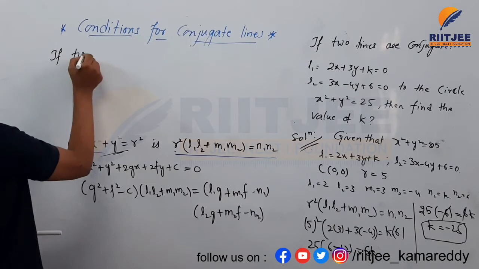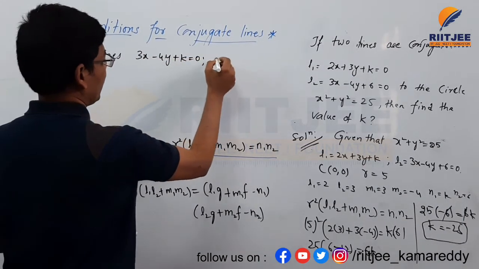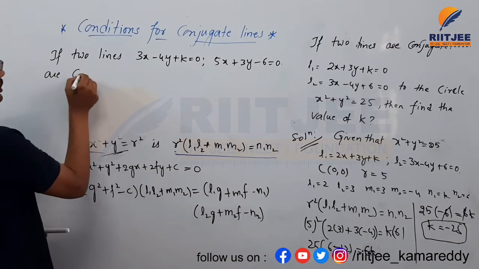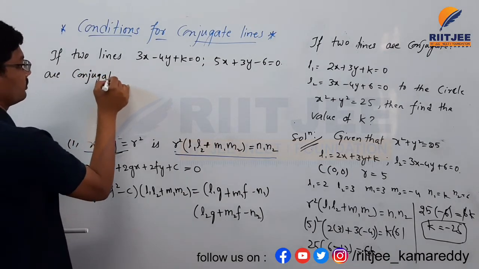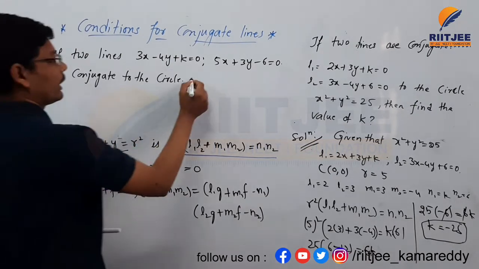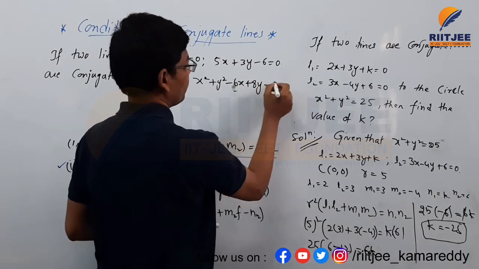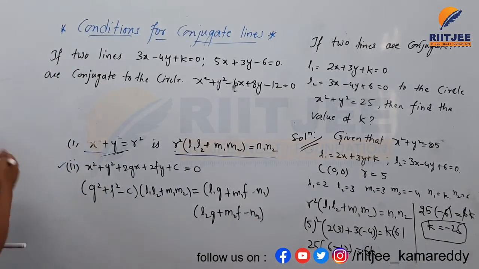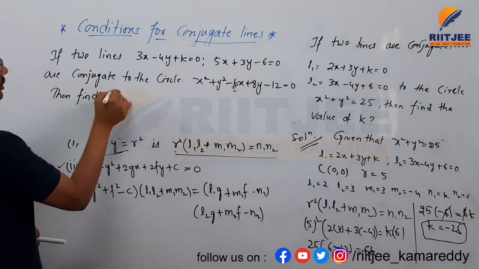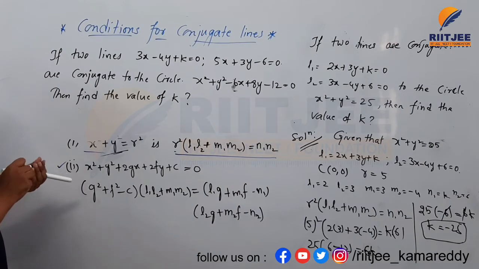If the two lines 3x minus 4y plus k is equal to 0 and 5x plus 3y minus 6 is equal to 0 are conjugate to the circle x square plus y square minus 6x plus 8y minus 12 is equal to 0, then find the value of k. This is the question. Do it on your own.